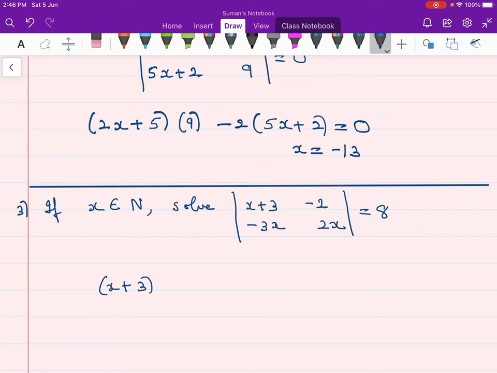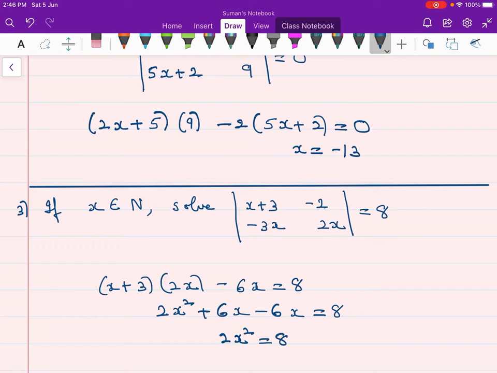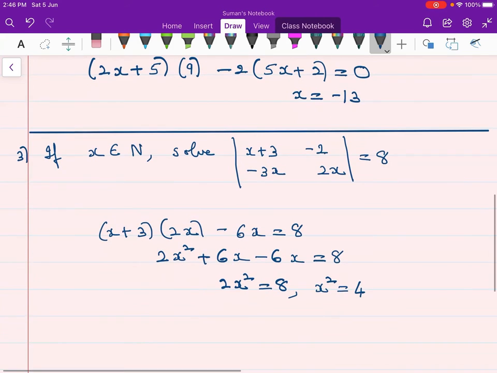You get x plus 3 into 2x minus into minus, so 2 minuses is plus, 6x equal to 8. So I get 2x squared plus 6x minus 6x equal to 8. So 6x gets cancelled. I get 2x squared equal to 8, x squared equal to 4, or x equal to 2.